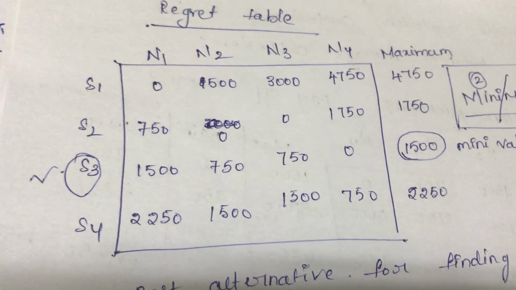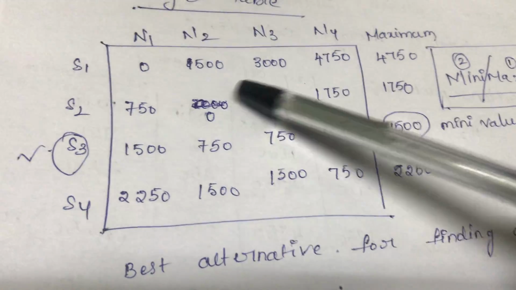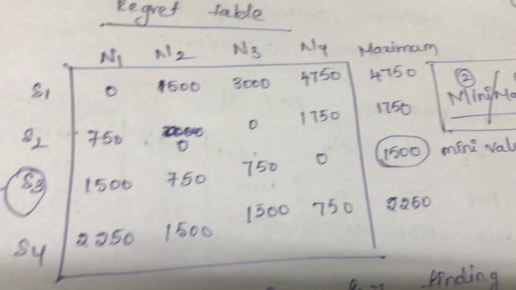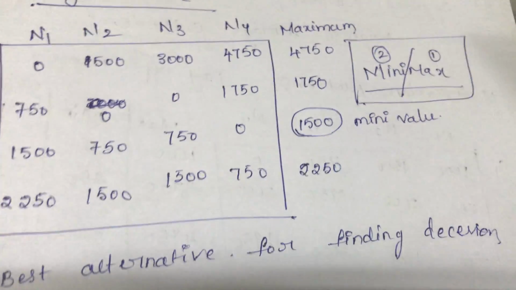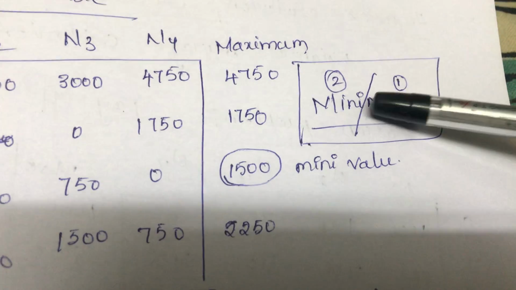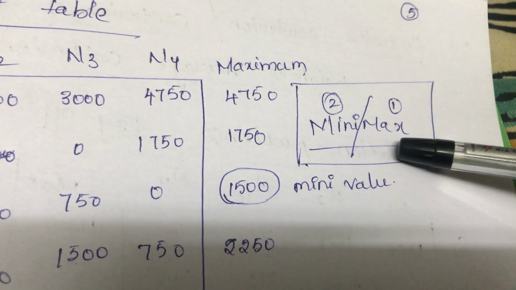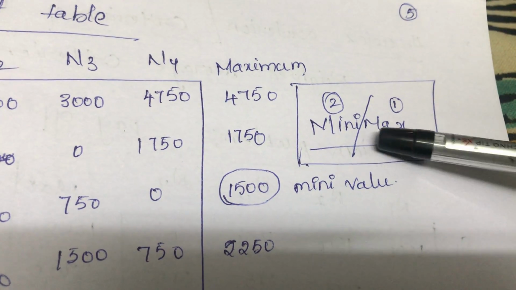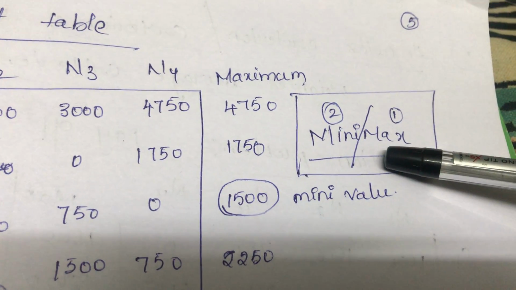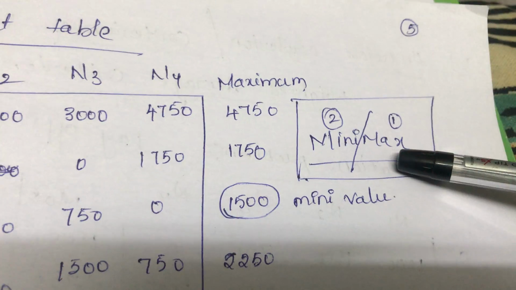After finding the regret table, this is our regret table. According to our question, if it is a maximization type, we have to find the minimax criterion, meaning we divide this word into two parts. First of all we come from the backward side. We find the maximum value from each and every row.